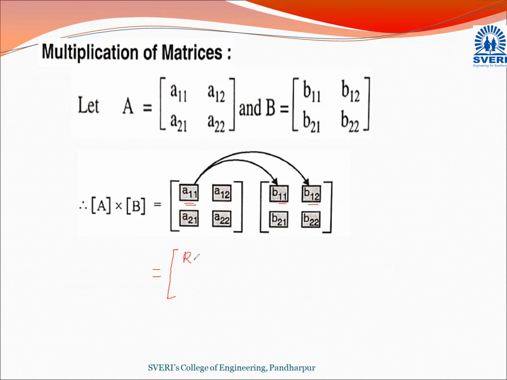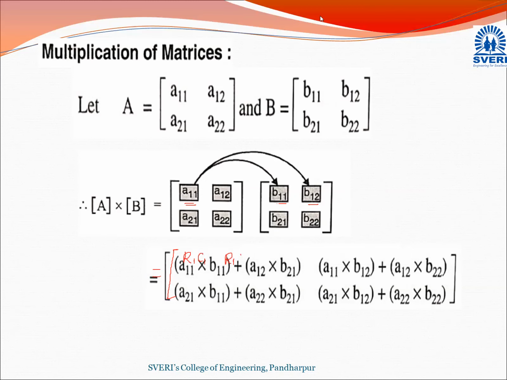So here R1, C1, that is A11 into B11 plus A12 into B21.